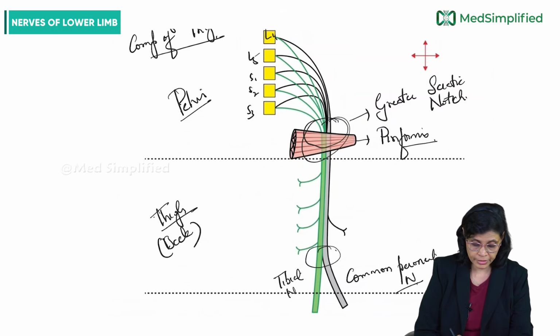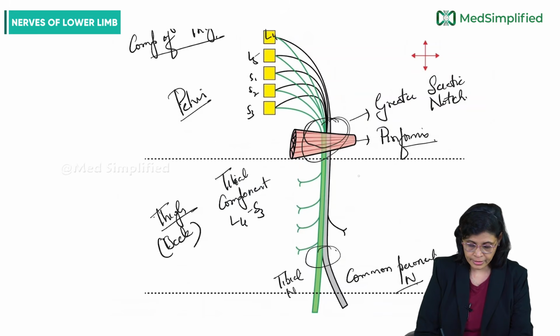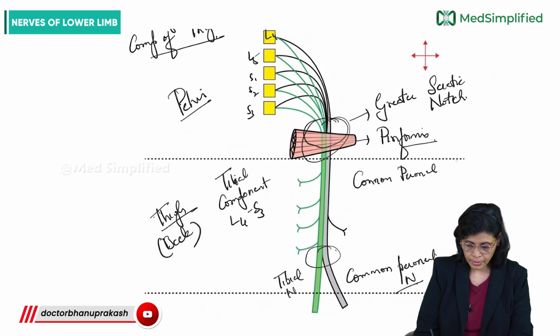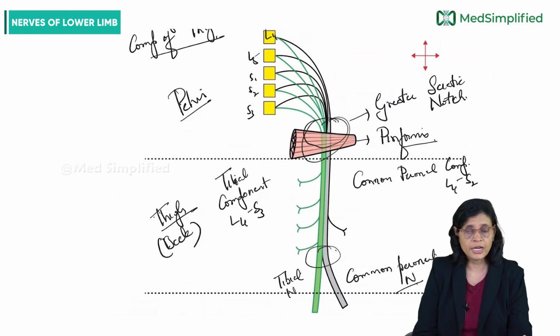The root value of the tibial component is L4 to S3, whereas the root value of the common peroneal component is L4 to S2. So this trunk of the sciatic nerve will have these two components.